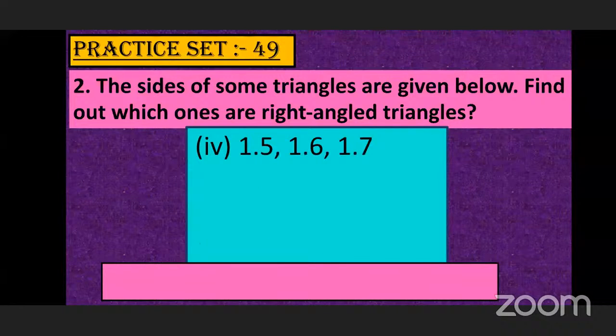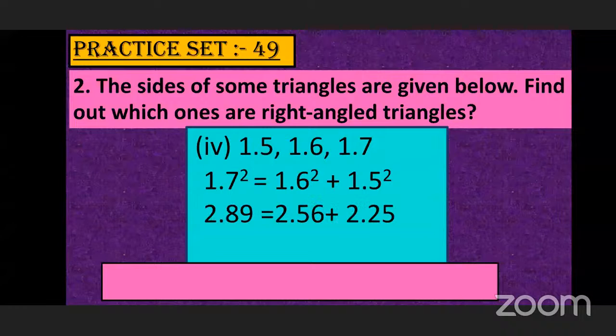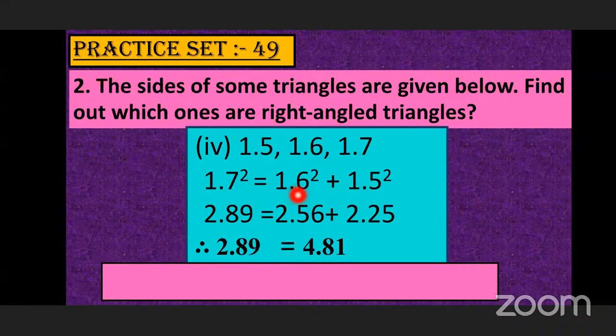Now, let's see another sum. This sum is with decimal points. Which is the biggest number? 1.7. Yes, 1.7 square equals 1.6 square plus 1.5 square. Now just do the addition and check whether it is making a right angle triangle or not.